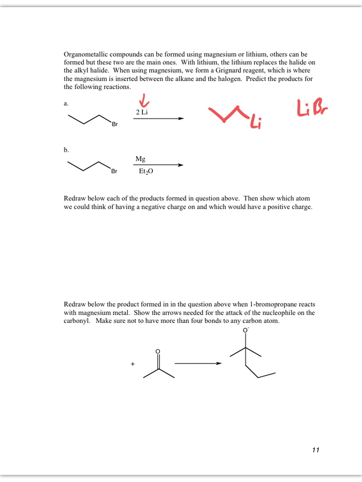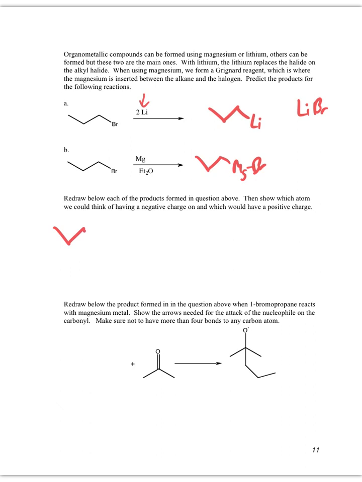And the second one, the magnesium: when magnesium reacts, it forms a magnesium +2. So it needs 2 things connected to it. It's going to have to insert between the carbon and the bromine, and we're going to form the alkyl magnesium bromide in this case.